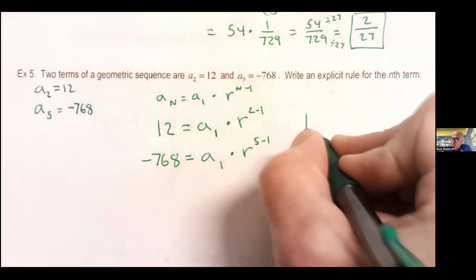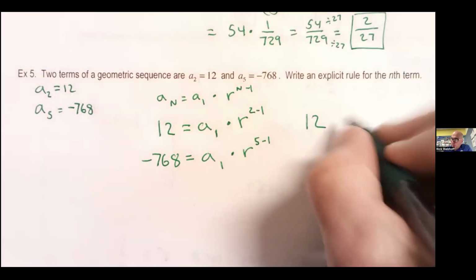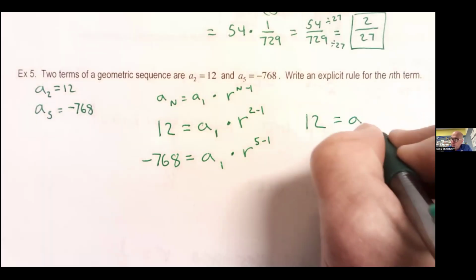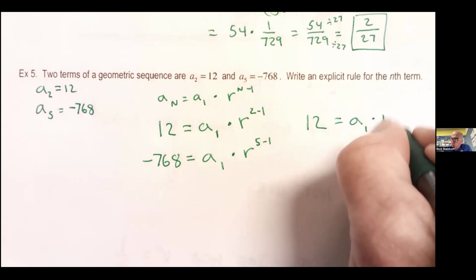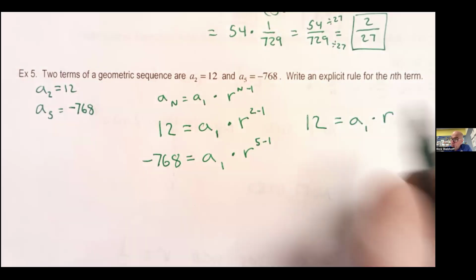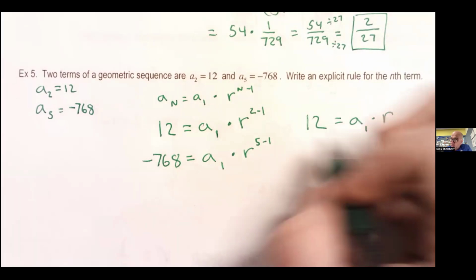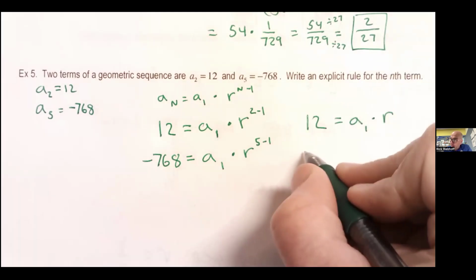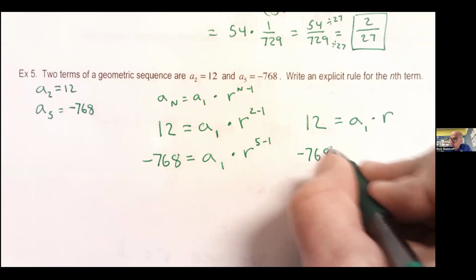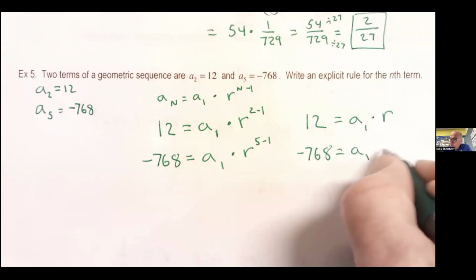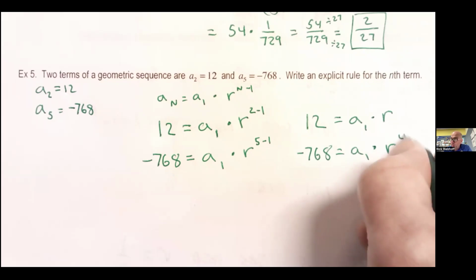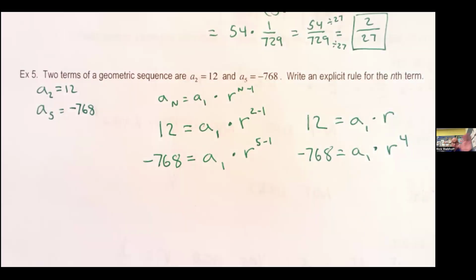Let's make these look nicer. 12 equals A sub 1 times r, since 2 minus 1 is just r. And negative 768 equals our first term times r to the fourth.